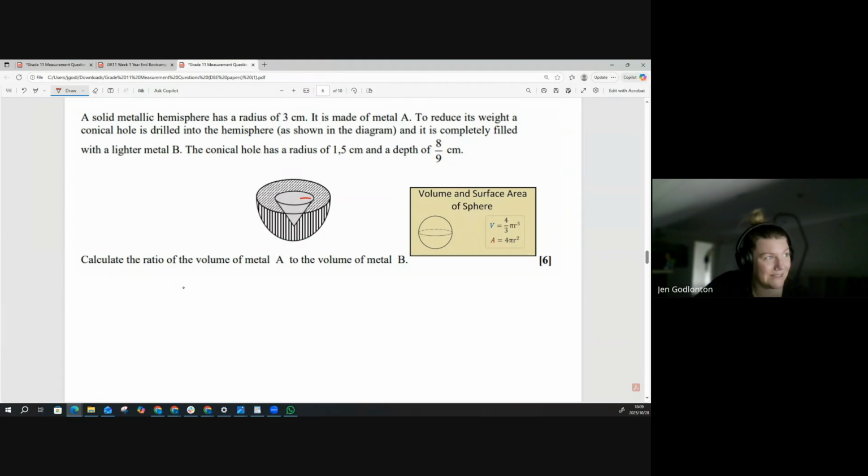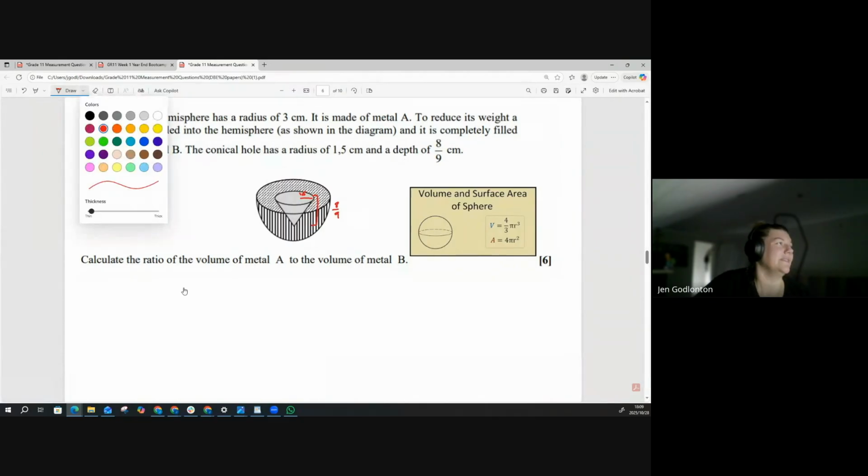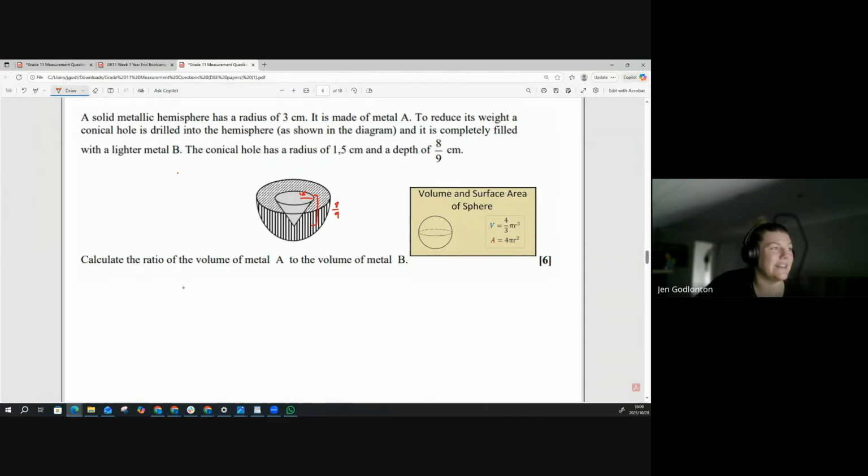So this is 1,5 and this is 8/9. And then it's also telling us that this whole hemisphere has a radius of 3 centimeters. Calculate the ratio of the volume of metal A to the volume of metal B.